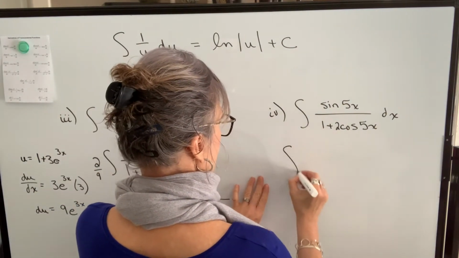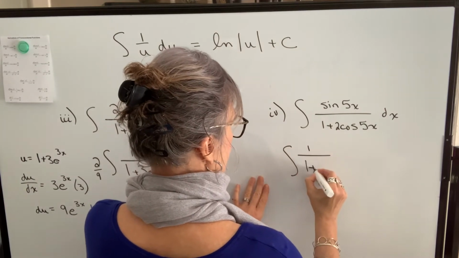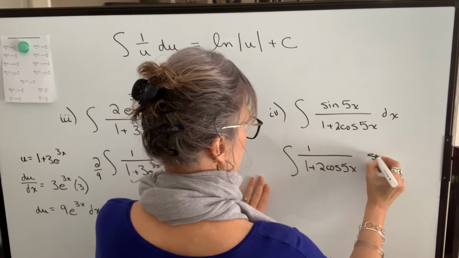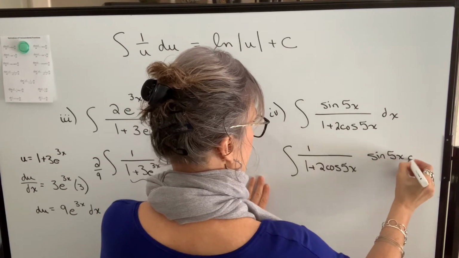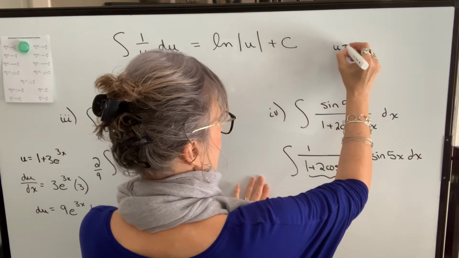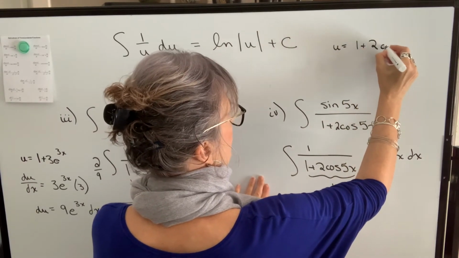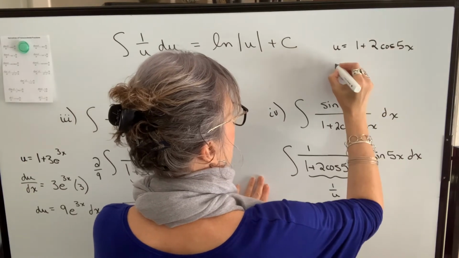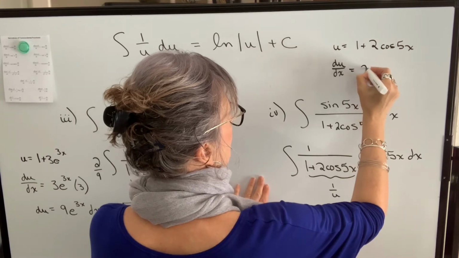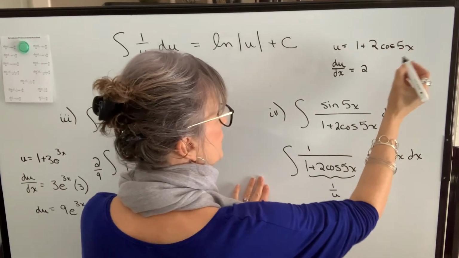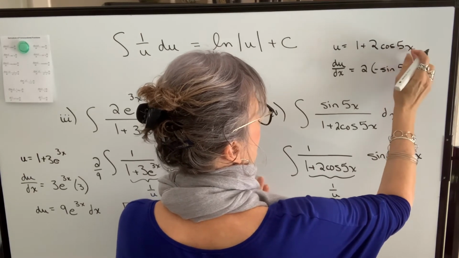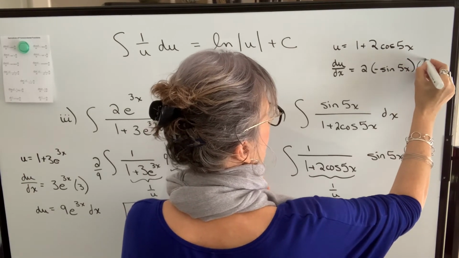Again, I'm going to separate this 1 over 1 plus 2 times cos of 5x times sine of 5x dx. So if that's 1 over u, u is 1 plus 2 times the cos of 5x. The derivative will be 0 plus 2 times the derivative of cos of 5x, which is negative sine of 5x times the derivative of 5x, I'm using the chain rule, which is 5.